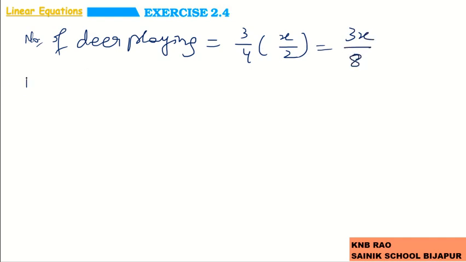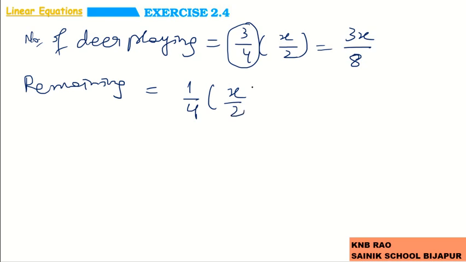Next, remaining. If I want to find the remaining, I have to take this 3/4 away from 1, which gives 1/4. 1/4 of half are left over, the remaining number of deer.